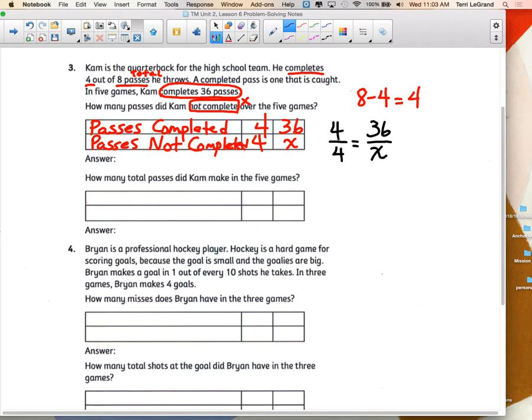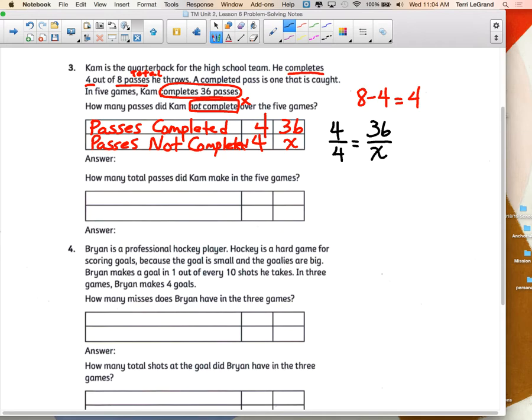Okay. I want you right now not to work any harder than you have to. So don't even put your fingers to your calculator, please. What does X have to equal in this situation? Okay, come on, show me your math sense now. 4 over 4. 4 compared to 4. 36 compared to? 36. 4 compared to itself. 36 compared to itself.